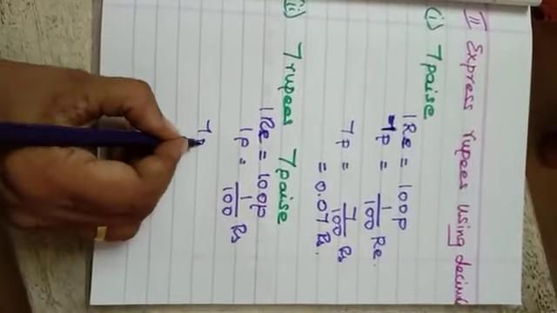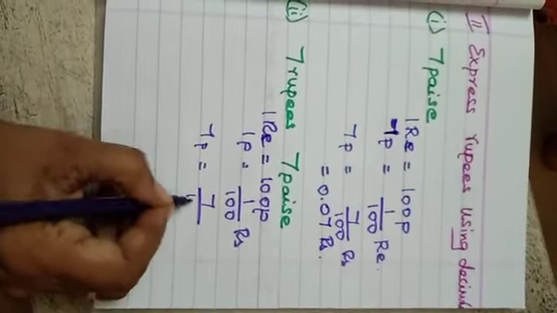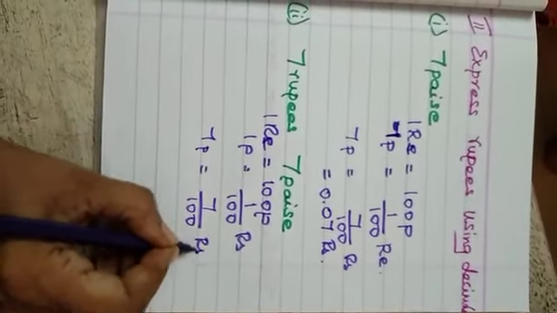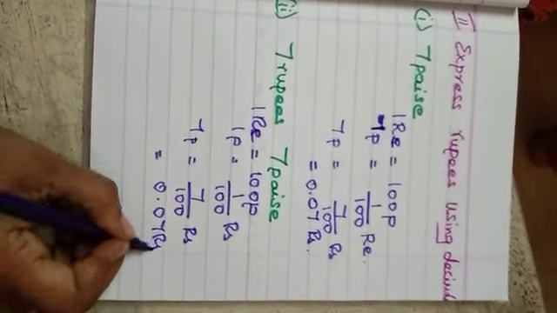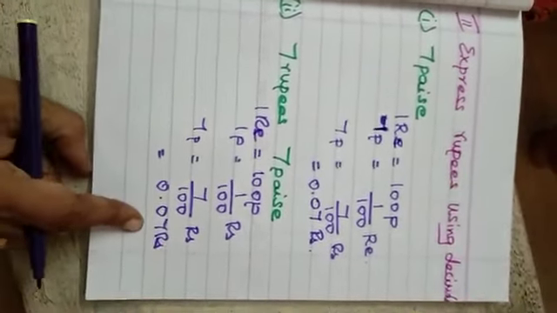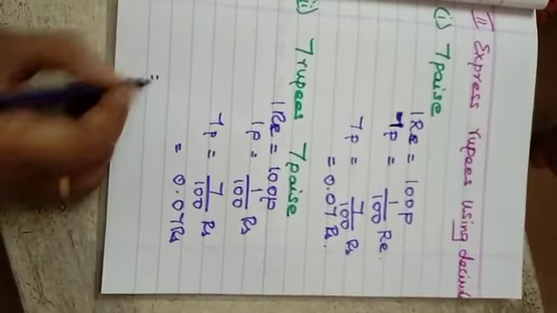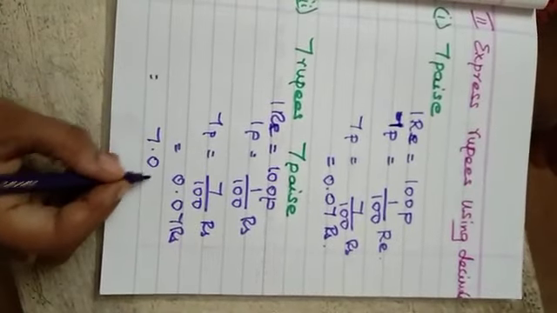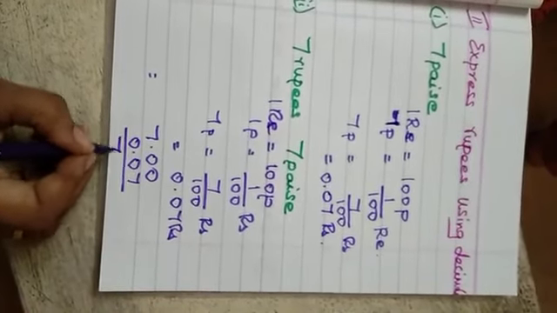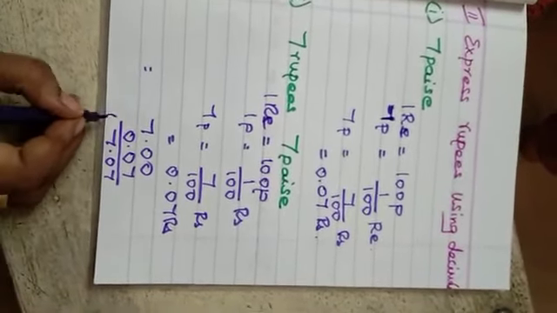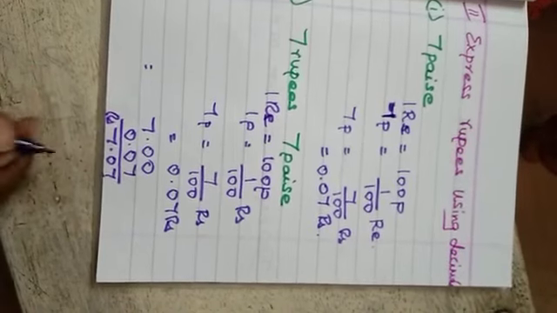Again 7 paise is equal to 7 by 100 rupees. When I write it in decimal, it is 0.07 rupees. Now this is also rupees, this is also rupees, so we have to add. So when adding 7.00 and 0.07, which is 7.07 rupees.